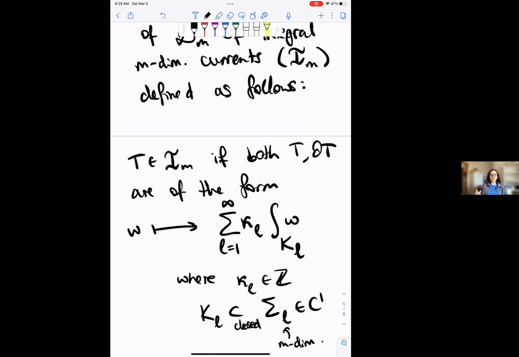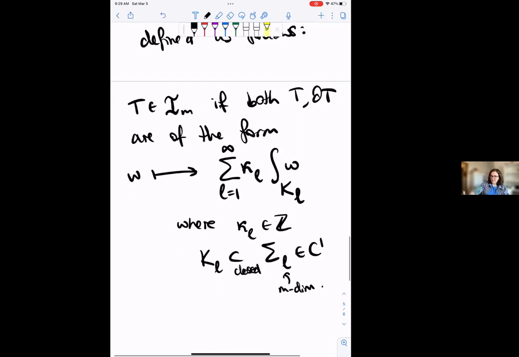(m-1)-dimensional in the case of the boundary, right? So as I said, essentially integral currents are those where both itself and its boundary are a superposition of nice oriented surfaces with multiplicities. But this doesn't rule out things like this.